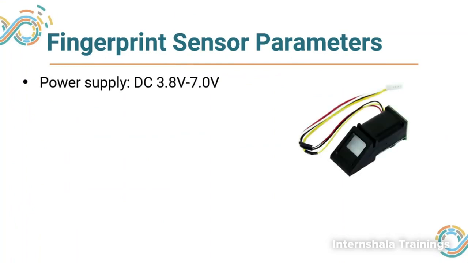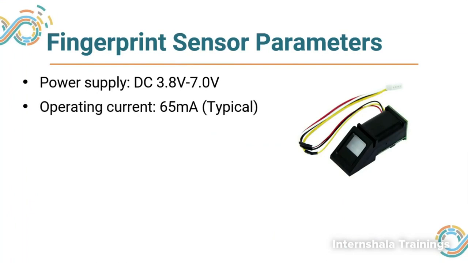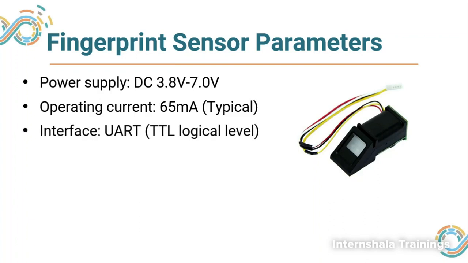So here are some parameters for this sensor. This sensor works from a 3.8 to 7 volt power supply, and it needs 65 milliampere current for operation. This will work on a serial UART communication port, and the average search time is less than a second, which is not very fast but good enough.